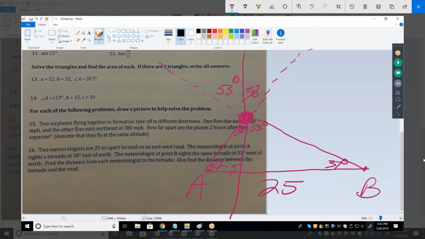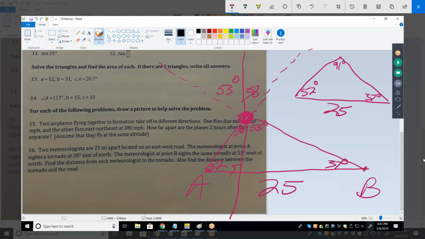So, here's the triangle that I have. It's 25 miles. That's 52 degrees. That's 37 degrees. What is that total? That totals 89. That must be 91 degrees.